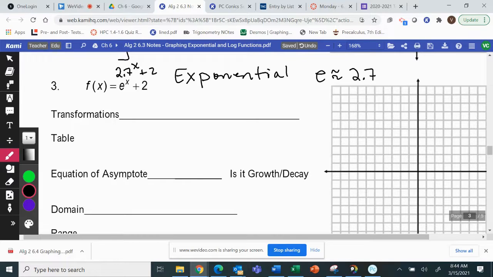So transformations. Hanero, what does the plus 2 do to the graph? Where does it move the graph?